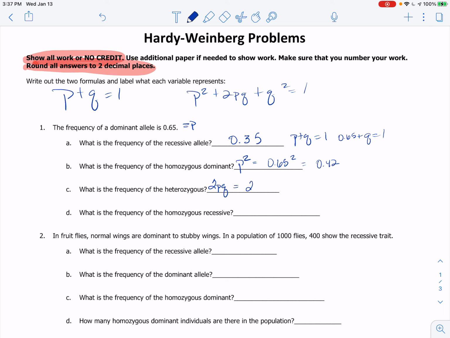So we've got 2 times P, which is 0.65. Always put the zeros in front, no naked numbers. Your chemistry teacher will thank you next year if you always put zeros in front. So 2 times 0.65 times 0.35.